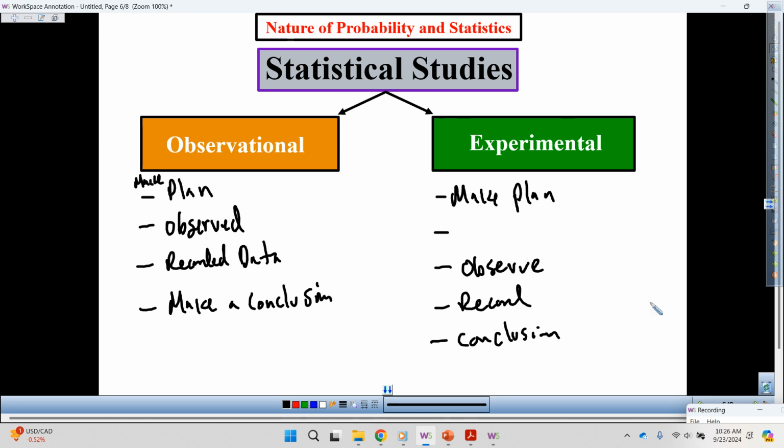So let's go with Austin, T in the back. What's different between now the experimental? All right.